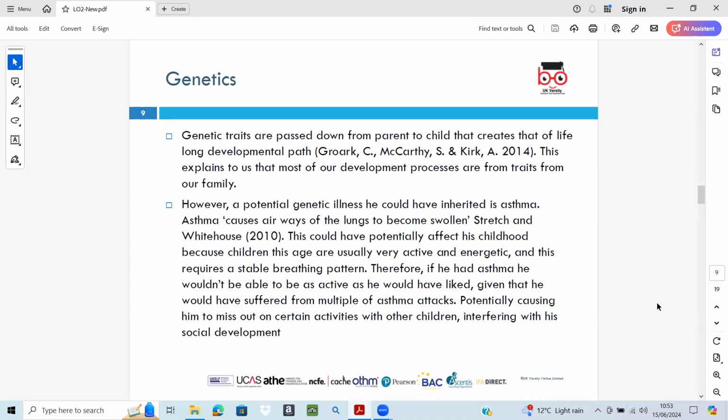Okay, so for genetics and development, we can say genetic traits are the unique characteristics passed down from our parents through DNA. These traits influence various aspects of our physical, emotional, and cognitive development, creating a foundation for who we are.